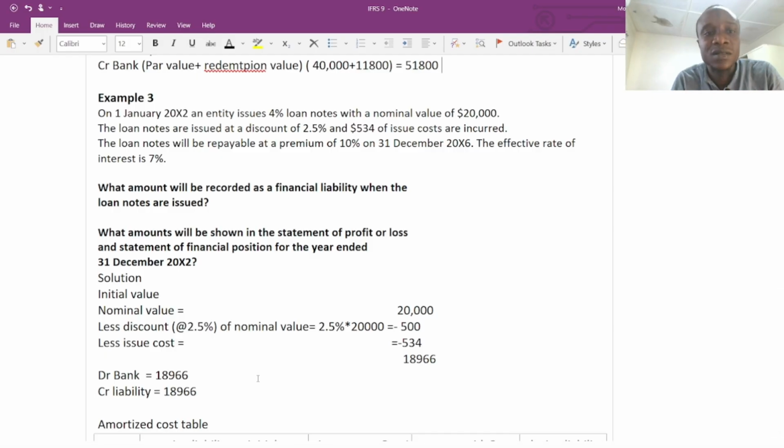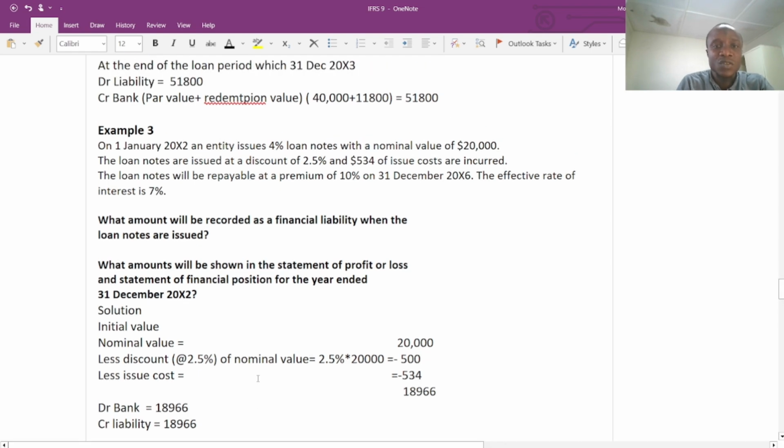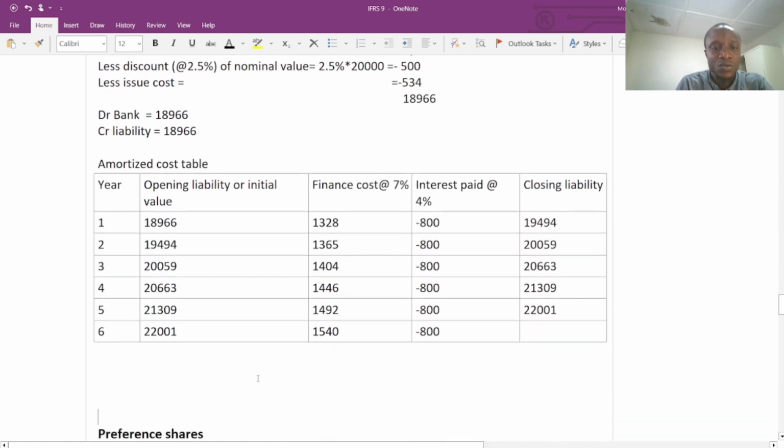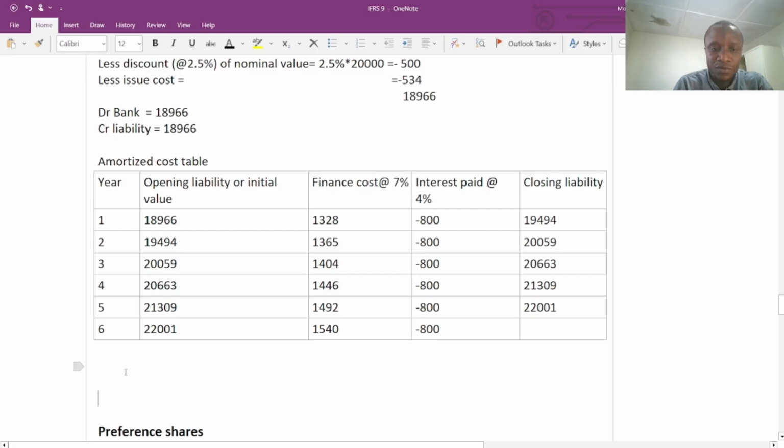So 10% will be calculated for premium. So 10% of the nominal value will give us a premium. So now the premium value will equal 10% multiplied by the nominal value of 20,000, which will give us 2,000.